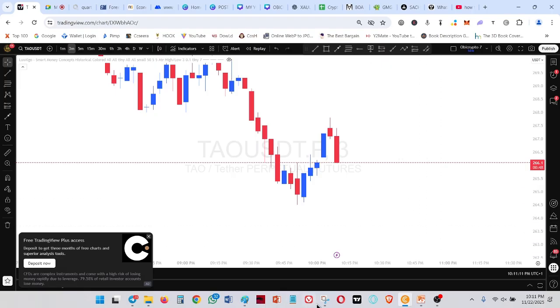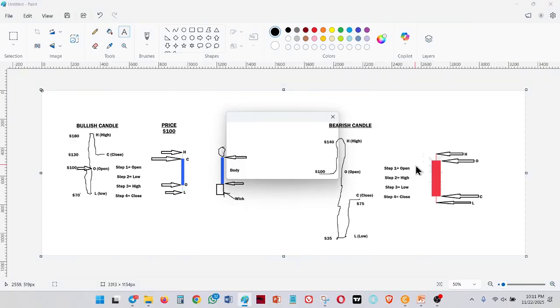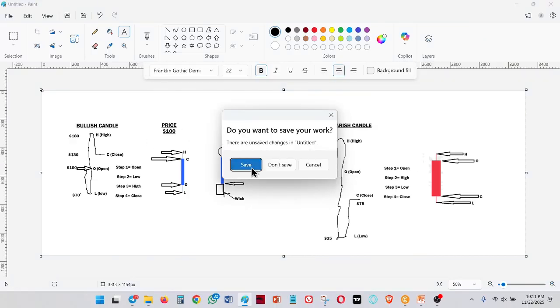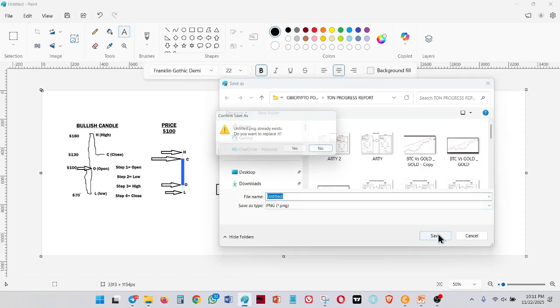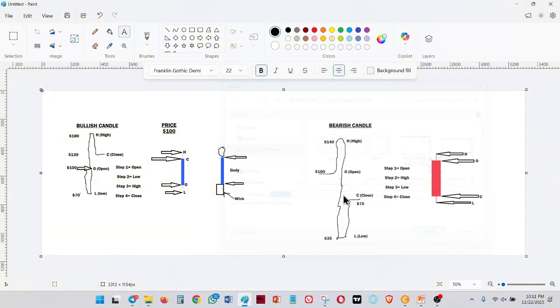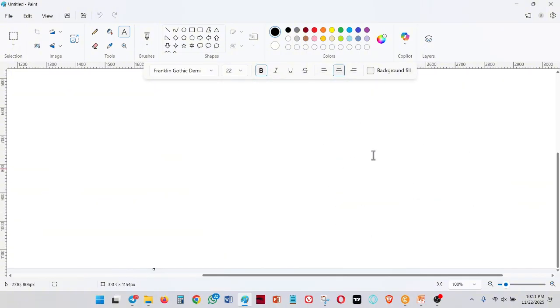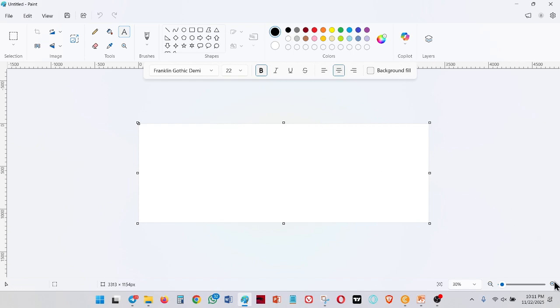What is a rally? What is a drop? Now, I'm going to create a new one. Let me save this just in case. Okay. Now, what is a rally and what is a drop?